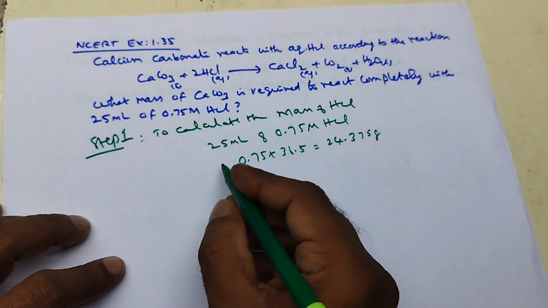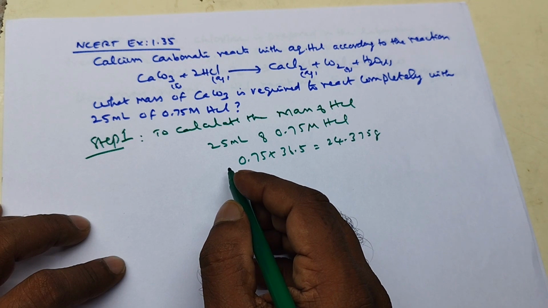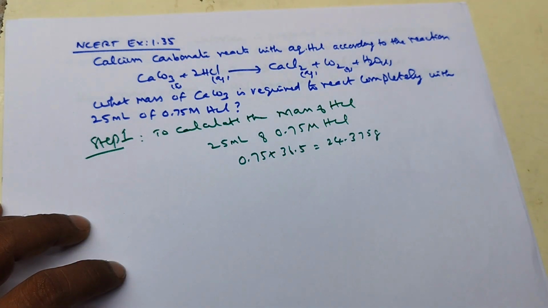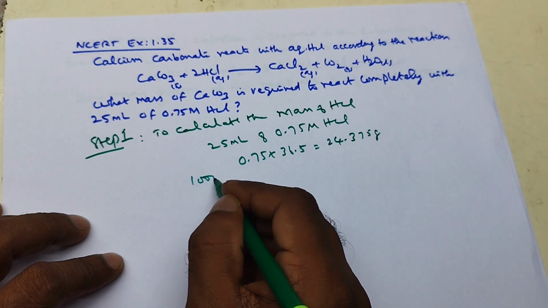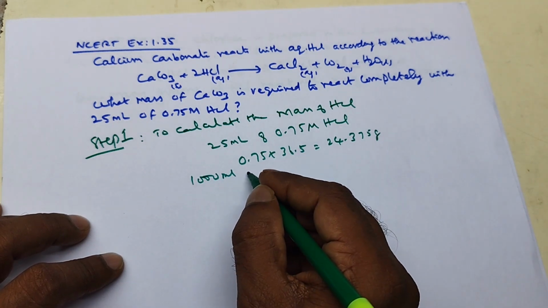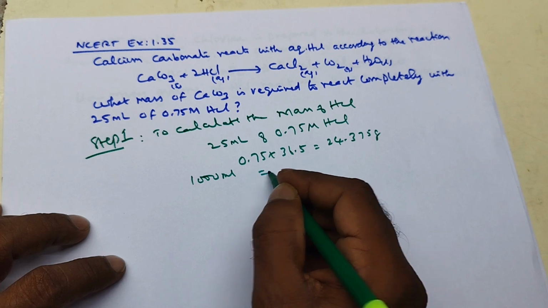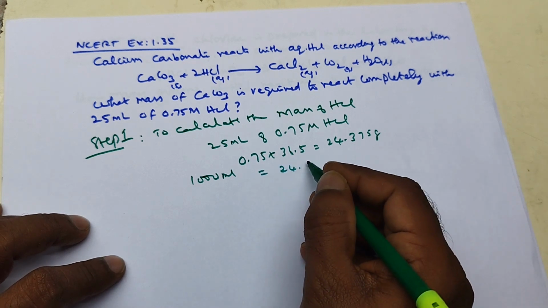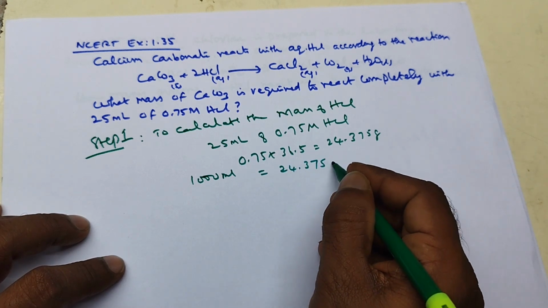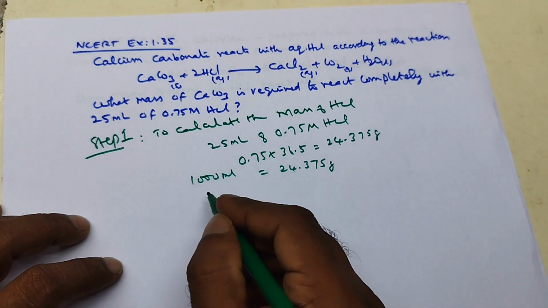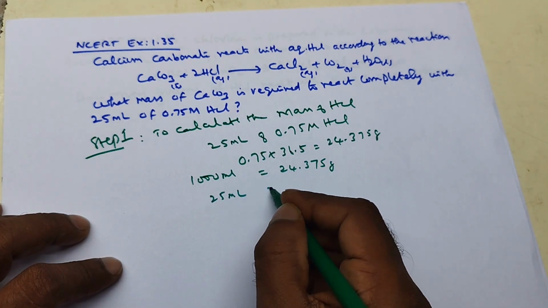So the question is what? 1000 ml contains 24.375 gram of HCl, then 25 ml contains how much?